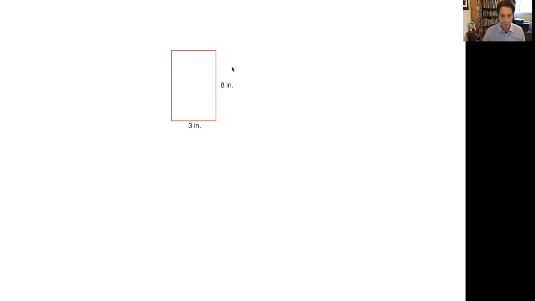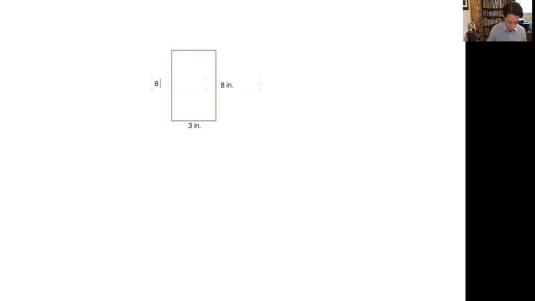So what I mean by that, if this side on the right is 8 inches, then what is the side on the left? It has to be the same. Opposite sides of rectangles are equal. So if the side on the right measures 8 inches, it means the side on the left must also measure 8 inches.